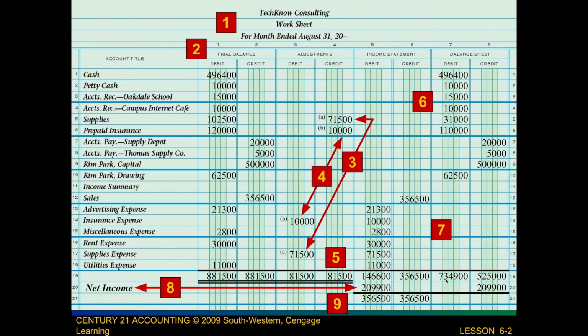Once those two numbers have been recorded and they're equal, we can rule a double line. And if we take the $2,099 and add that to the $5,250, that will give us the total of the balance sheet debit column, which is $7,349. Once those two numbers are written and they equal, we can draw a double line there.